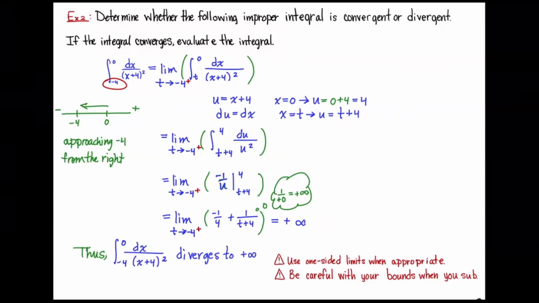Now, this is one case where we differ from the book. The book would just say that this integral does not exist. But if you can specify that it's going to positive infinity or negative infinity, you should specify.